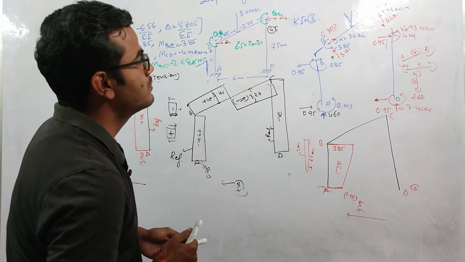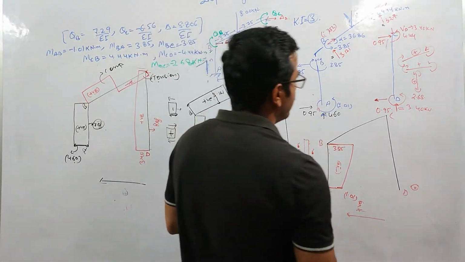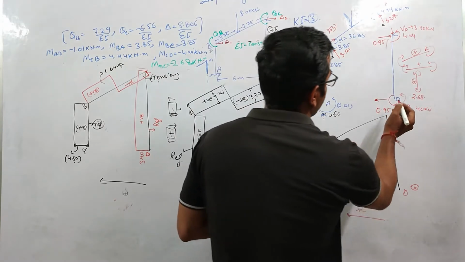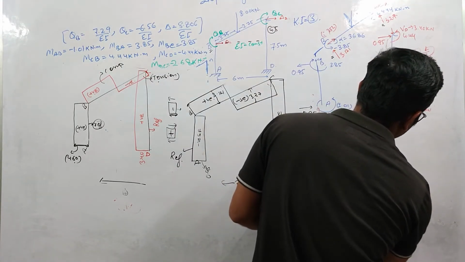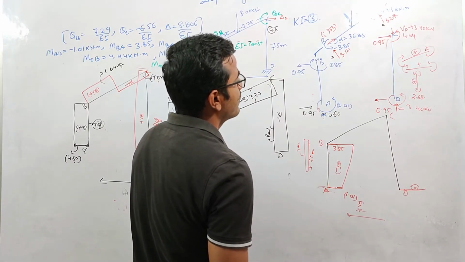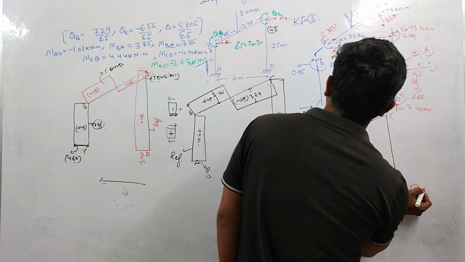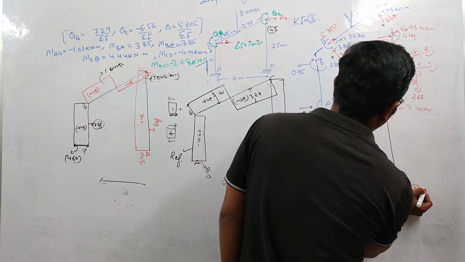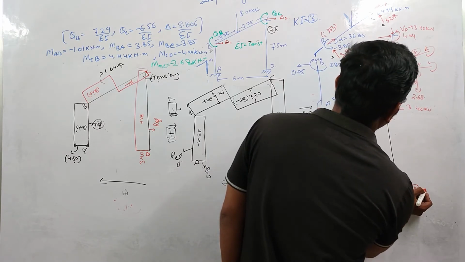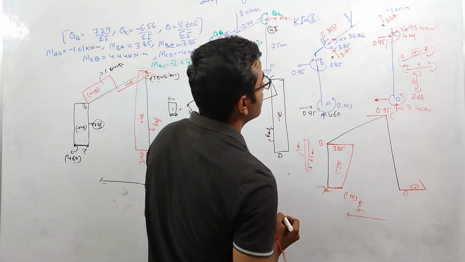Now let us come to the BC portion. This moment is causing compression on this side of the fiber, so it will start from here. Okay, and at some point it will be here.